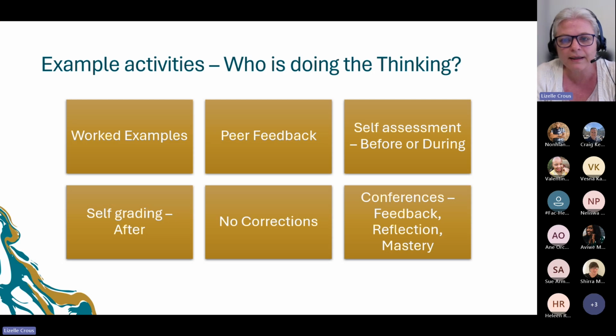The next one, I think we are all familiar with, is peer feedback. We are using peer assessments, or even if they are doing presentations, we are asking different groups to give feedback.